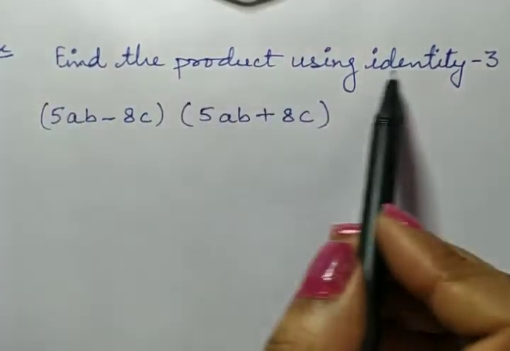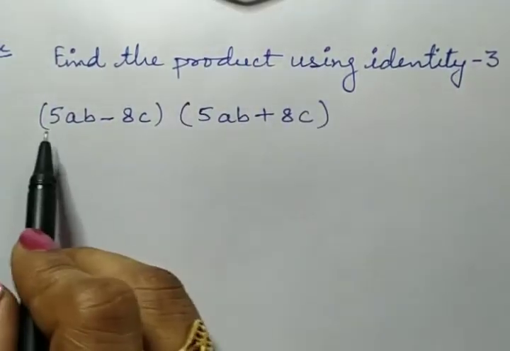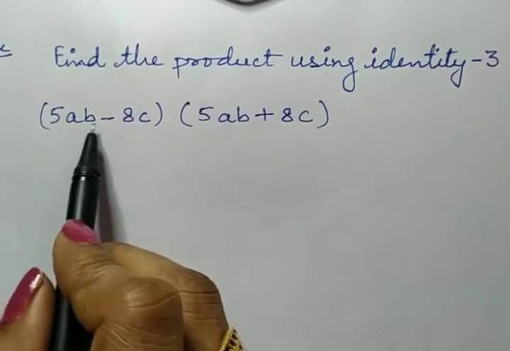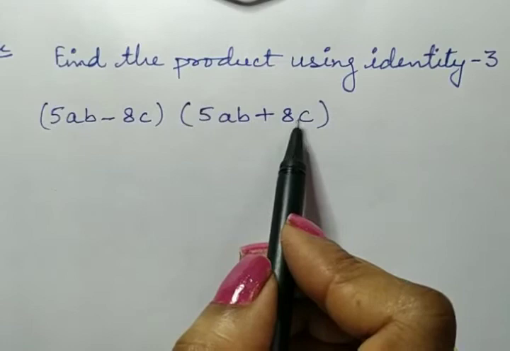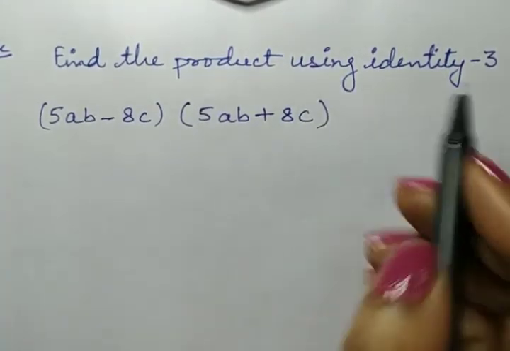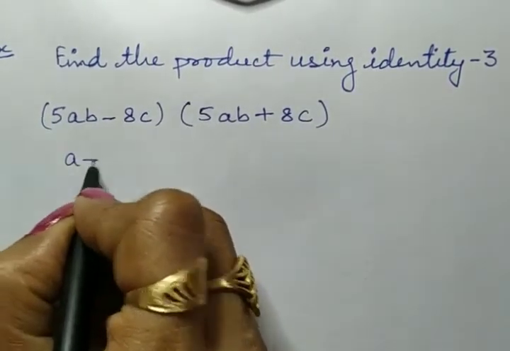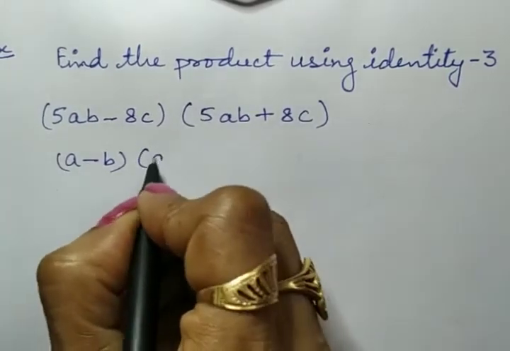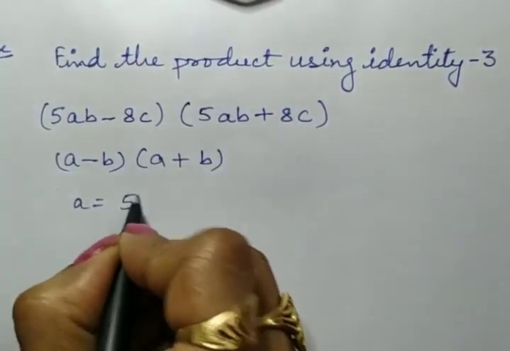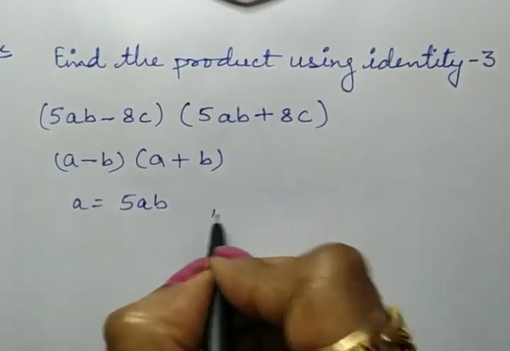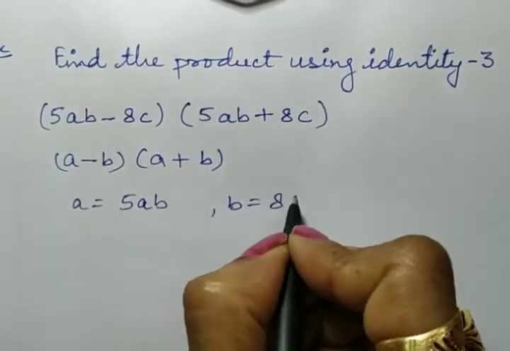Let's take an example. Find the product using identity 3: (5ab - 8c) multiplied by (5ab + 8c). We have to use identity 3, that is (a - b) multiplied by (a + b). Here a is equal to 5ab and b is equal to 8c.